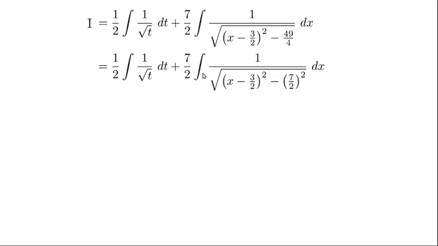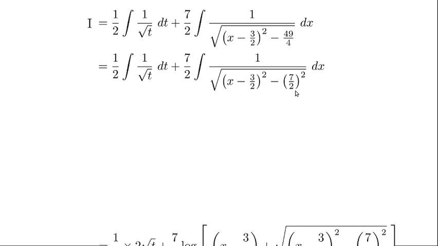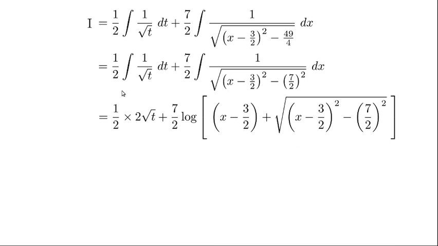Now this can be written as I equals half integration 1 upon root t dt plus 7 by 2 times integration 1 upon root of x minus 3 by 2 whole square minus 7 by 2 whole square. So this is in the form of 1 upon root of x square minus a square. So 1 by 2 times 2 root t plus 7 by 2 times log of... And 1 upon root of x square minus a square is log of x plus root of x square minus a square plus c.